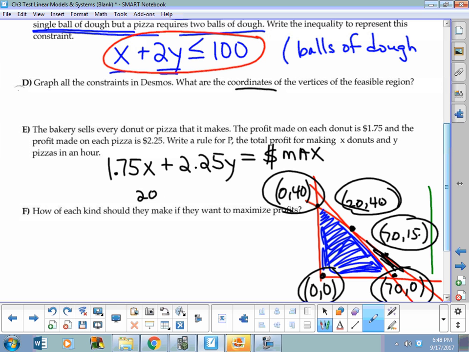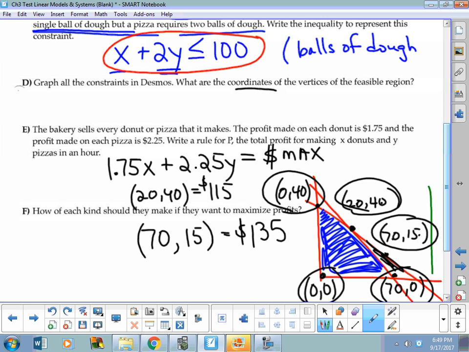For example, if I put in 20, 40, it's not a winner. That gets $115, which is not as much as the winner, which is 70 and 15. All right, that gets you $135.